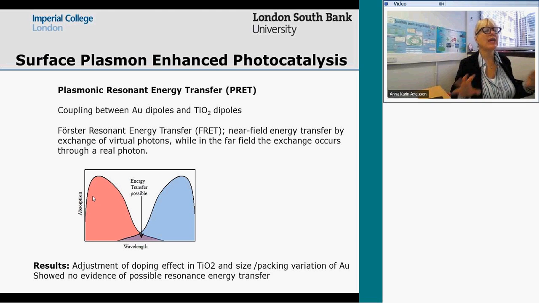But for inorganics such as TiO2, we realized the absorption of TiO2 and the absorption of the gold particle have little overlap, so the ground for a feasible energy transfer was very, very small.